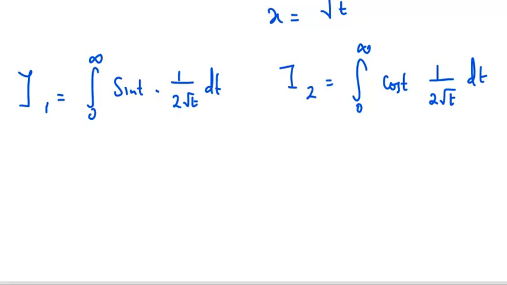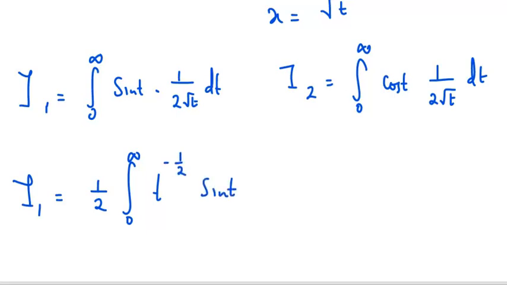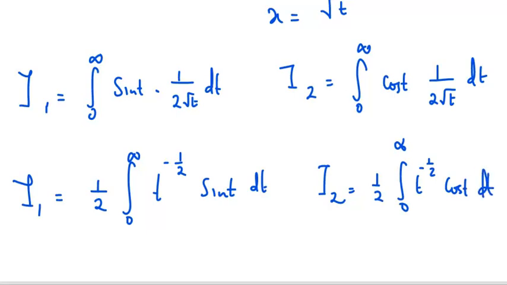So let's simplify a little bit. Here our I sub 1 is going to be 1 over 2 outside, the integral from 0 to infinity. 1 over root t is the same as t raised to the power of negative 1 over 2. And then we have sine of t, and then dt. While our I sub 2 is going to be equal to 1 by 2, the integral from 0 to infinity, we still have t raised to the power of negative 1 over 2, cosine of t, and then dt.